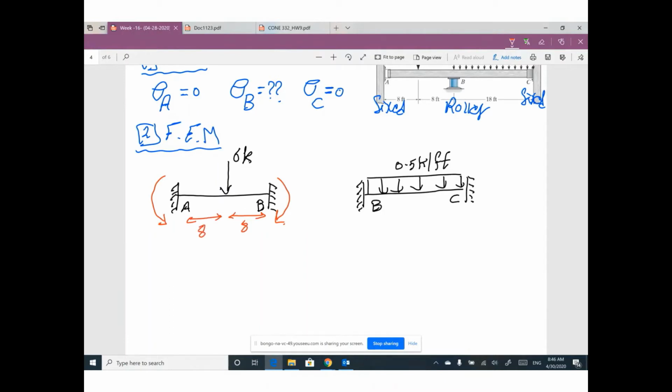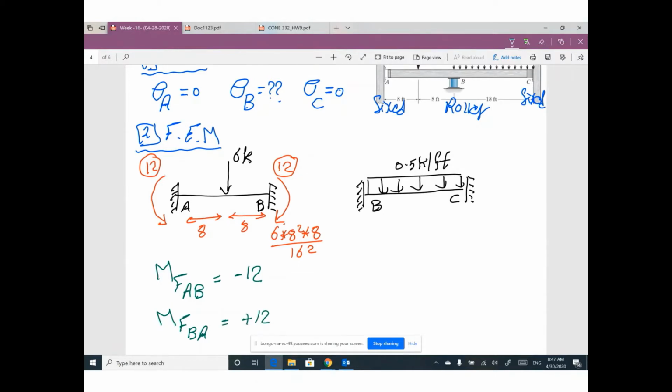So your value will be 6 times 8 square times 8 divided by 16 square, equal 12. So this value will be 12, and this one will be 12 also. That means I can say M fixed AB equal negative 12, M fixed BA equal positive 12.